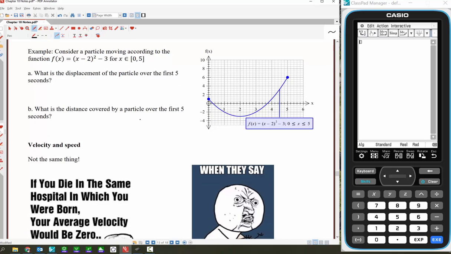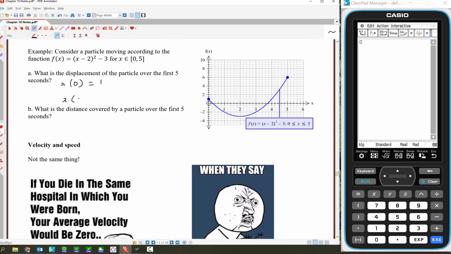Okay, so consider a particle moving according to this function here, which is pictured, I believe. Yep. What is the displacement of the particle over the first 5 seconds? All right, so what we need to do is consider where the particle starts and where the particle finishes. Okay, so we're going to go x of 0 equals 4, that's 1.